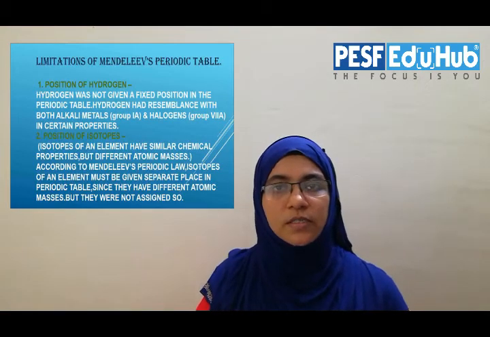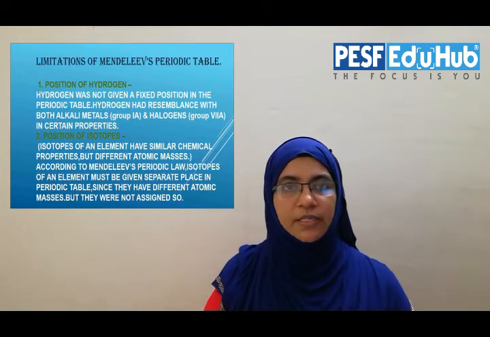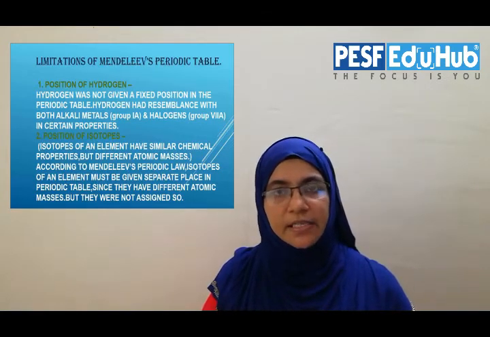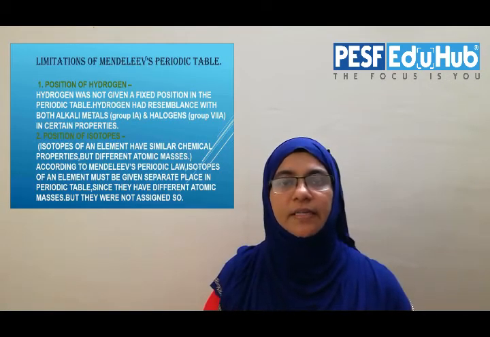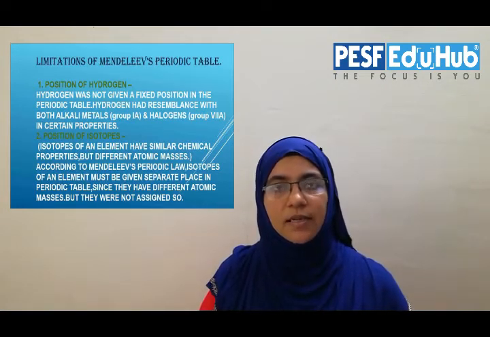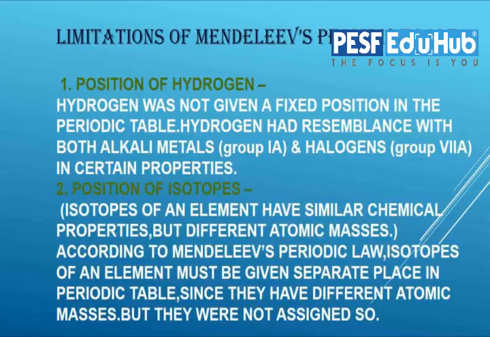Though this was the widely accepted periodic table of the time, there were some limitations present in Mendeleev's periodic table. Now, let us examine what the limitations in his table were.